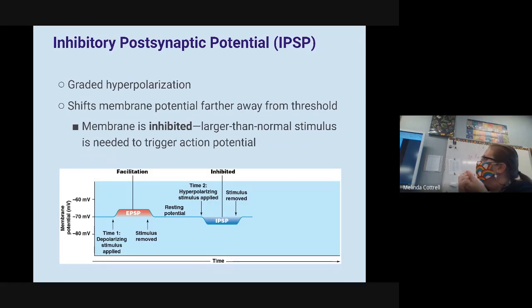Inhibitory means that you need more of a stimulus, as opposed to less of the stimulus with the excitatory. And so this results in a graded hyperpolarization. Hyperpolarization meaning it's becoming more negative.